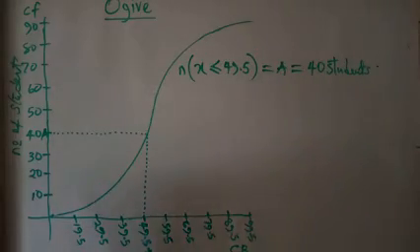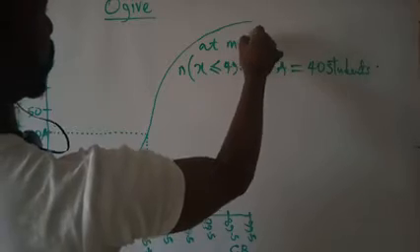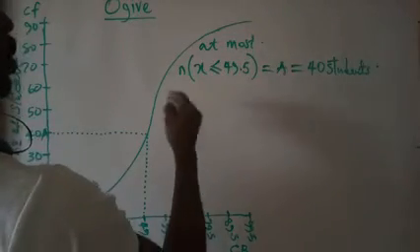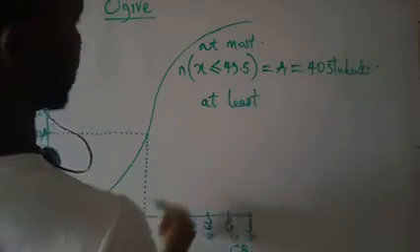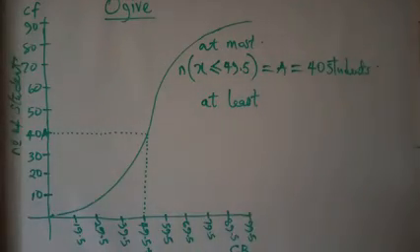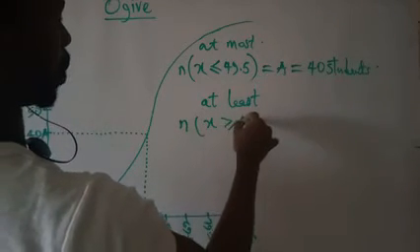Please know that that is the basis for what we are doing. Then they can also ask you to find the number of students that scored at least 49.5. At most, just for you to remember, is less than or equal to; at least is greater than or equal to.